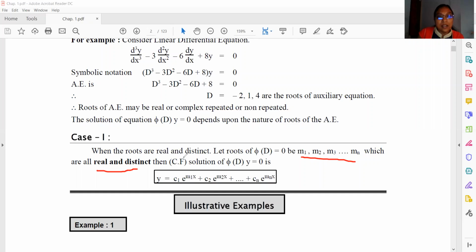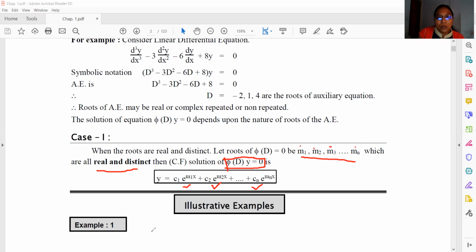In this case, the solution of the equation phi(D) y equal to 0 can be written as C1 e^(m1 x) plus C2 e^(m2 x), and so on up to Cn e^(mn x). These m1, m2, m3, up to mn are the roots, the values of D.